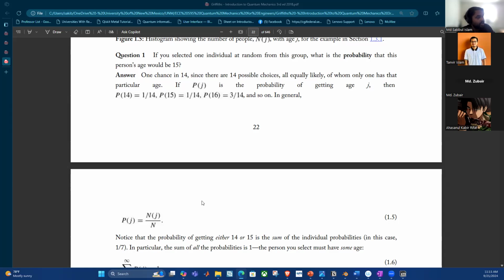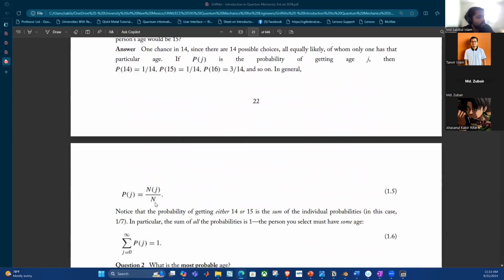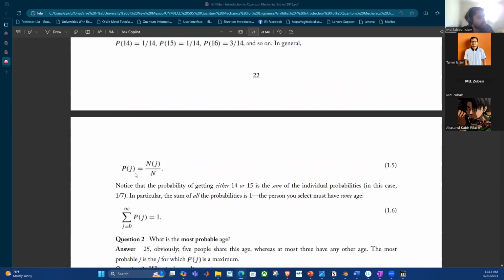We defined Nj previously, and the denominator is the summation of total Nj. So that is the probability. You should get the overall idea of what probability is and how we describe discrete variables.